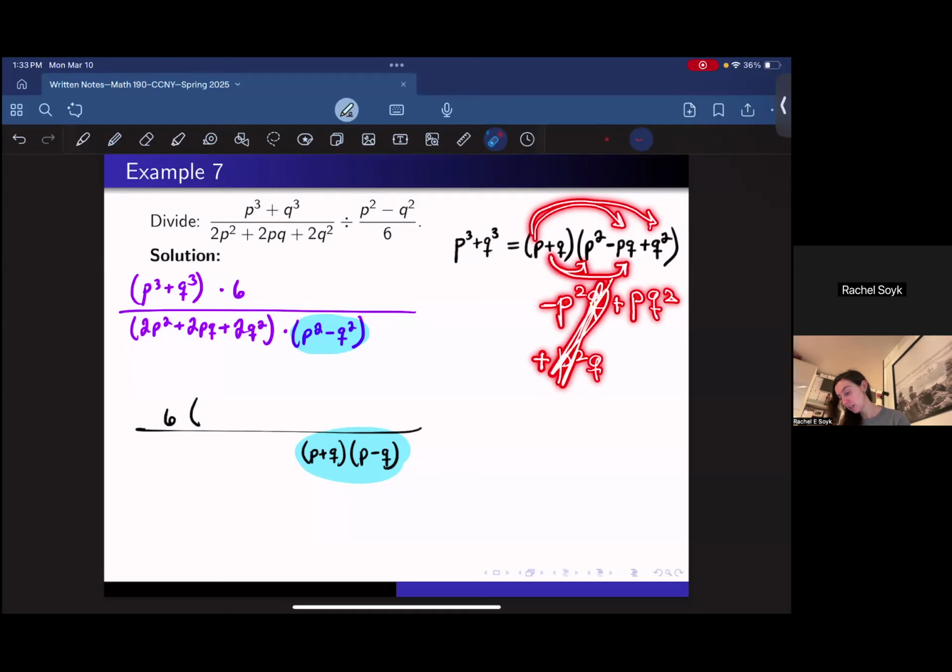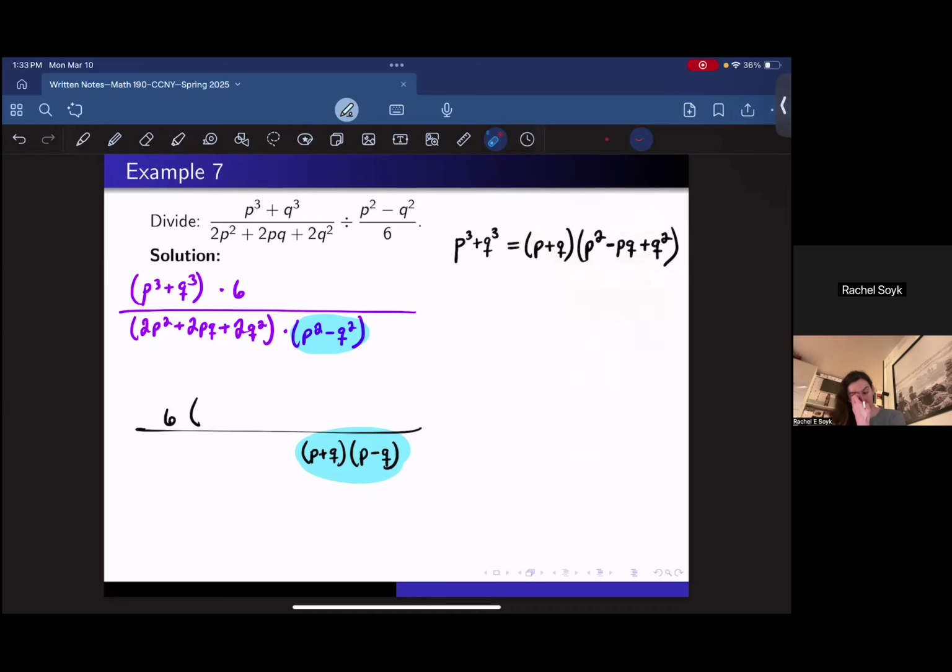Q times negative PQ is a minus PQ squared, which makes that middle term also cancel out. And then finally we have Q times Q squared, which gives you that plus Q to the third. So that is correct. Which means, what can we do? We can replace the pink with pink.